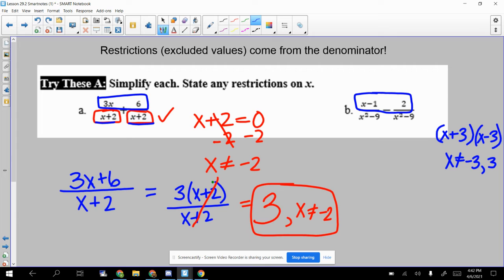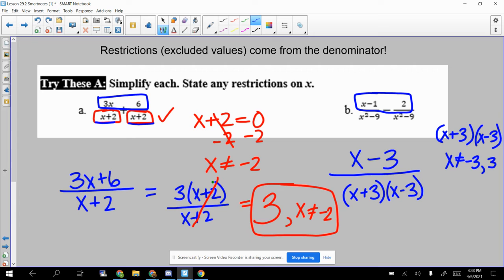So x minus, there are no other x values. And then -1 minus 2. Well, -1 minus 2 is going to be a -3. Okay, so x minus 3 is on top. And then let's rewrite this x squared minus 9 as x plus 3 times x minus 3, the most factored version.